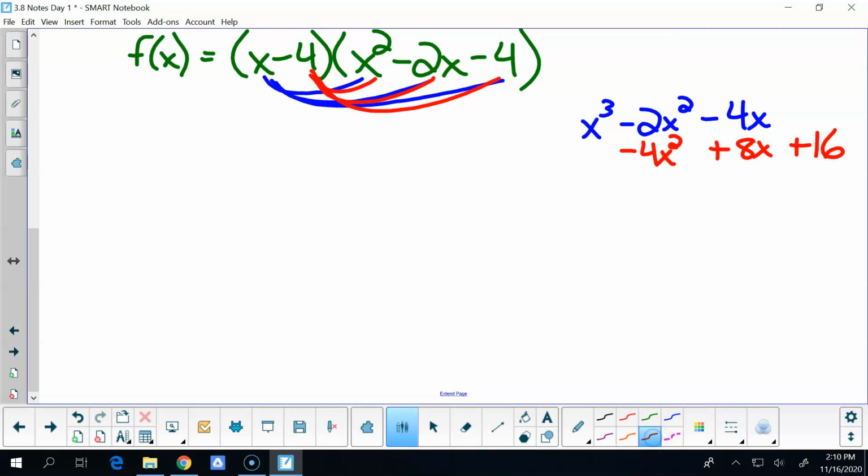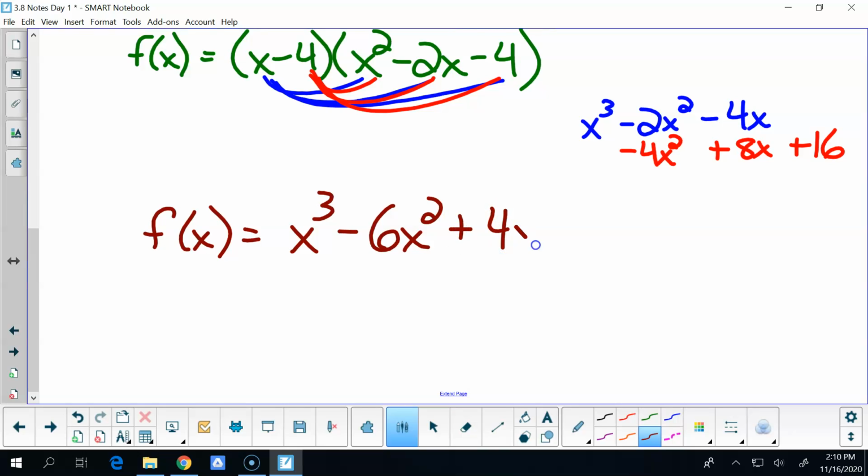So all told, my function f of x is going to be x cubed minus 6x squared plus 4x plus 16.